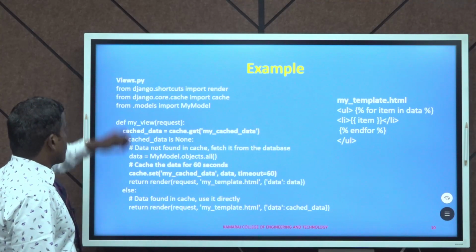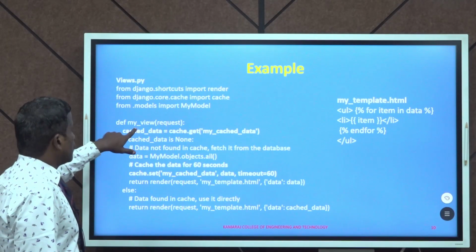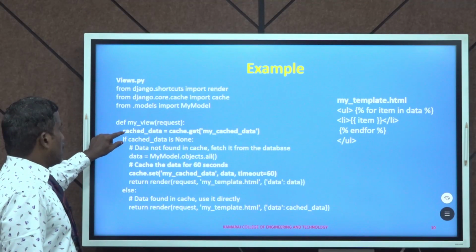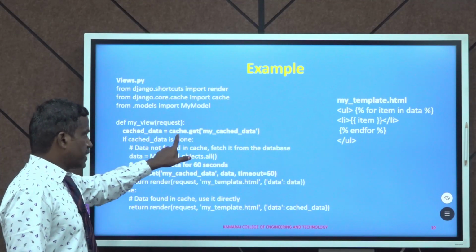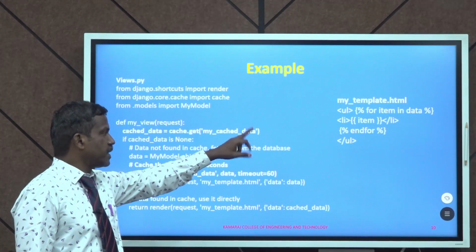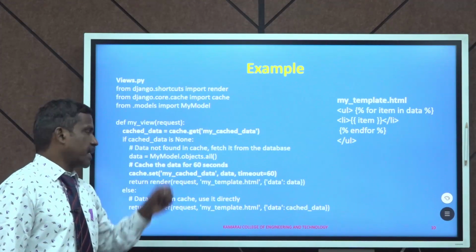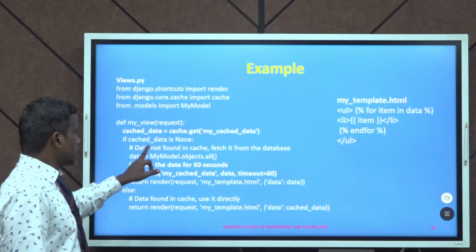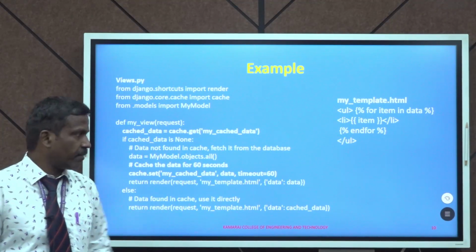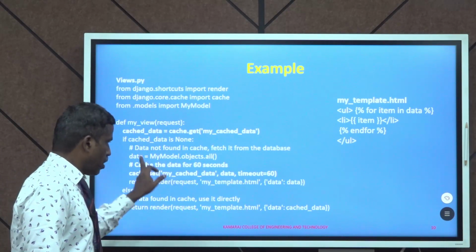It is the views.py file. Here we are providing my_view, cached_data is cache.get('my_cached_data'). Here my_cached_data is the key which is going to be searched from the cache content. If the cached data is None, it means the cache is not available, so the data is retrieved from the model.